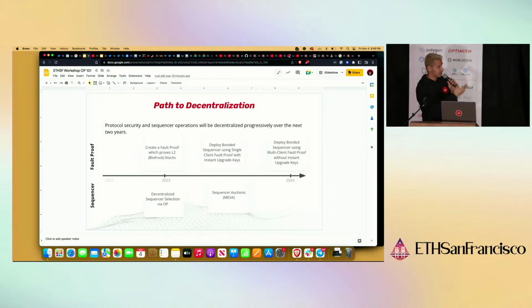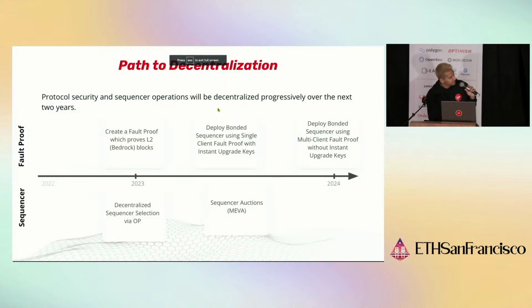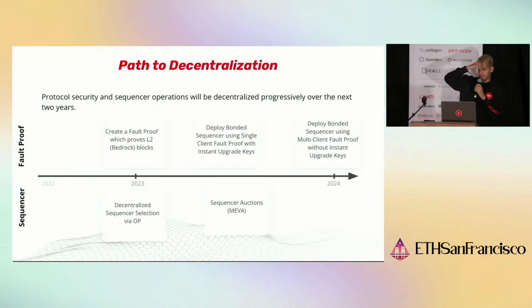So I think this is a question that comes around a lot as well: what is our path to decentralization? So our path to decentralization, I should make this larger, sorry. 2023, we want to create a fault proof which proves L2 Bedrock blocks. We also want to work towards decentralized sequencer selection via OP.